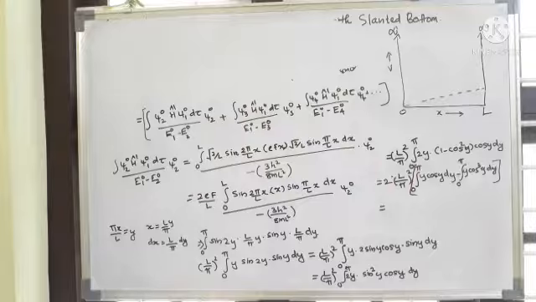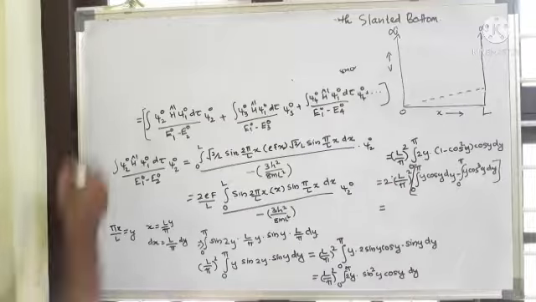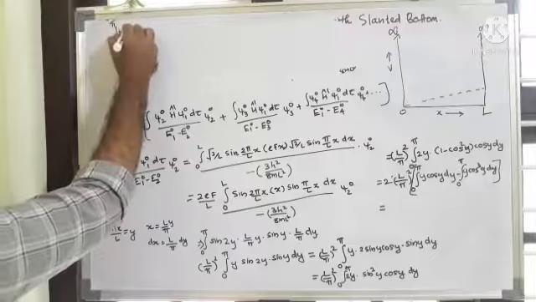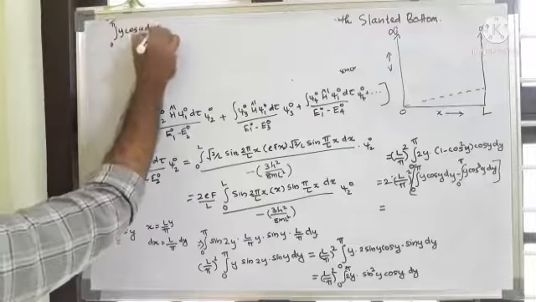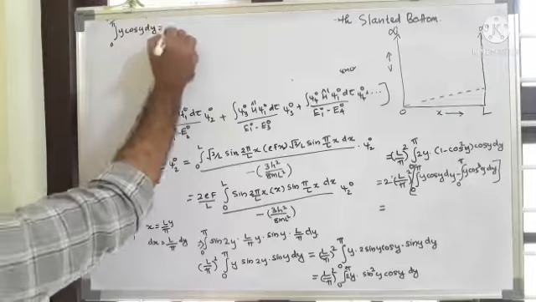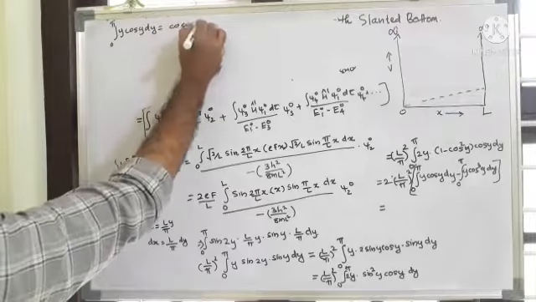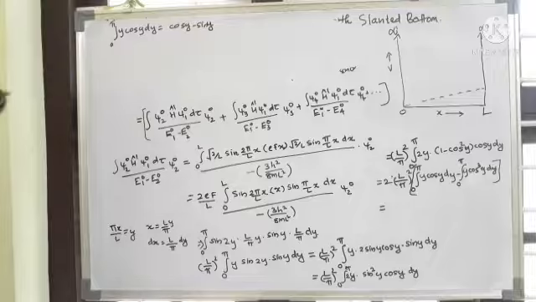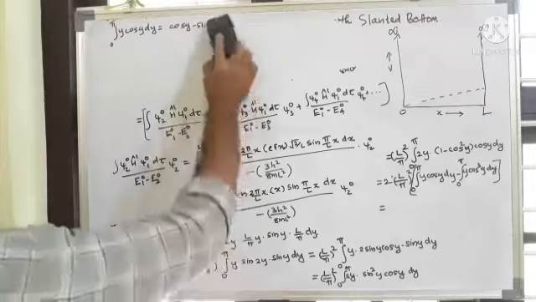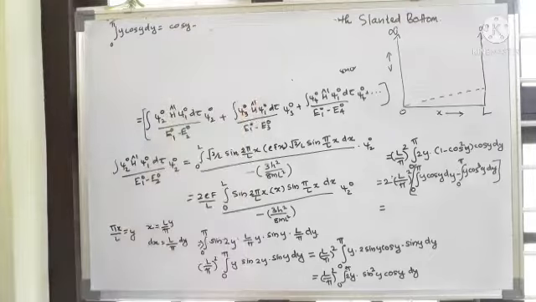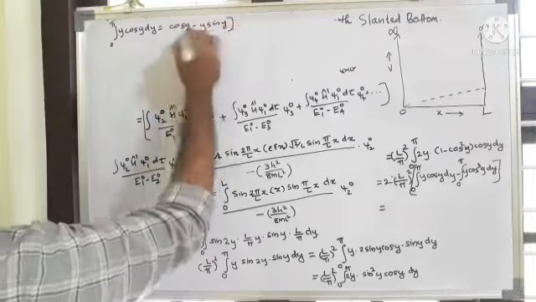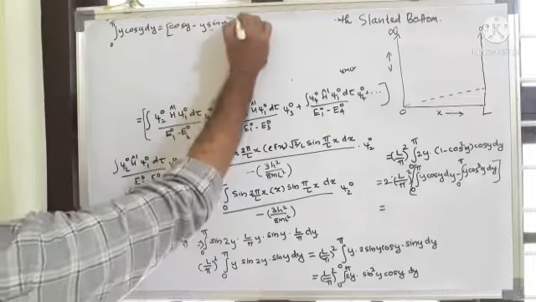Then from the table of integrals, integral 0 to pi y cos y dy equals cos y plus y sin y, evaluated from 0 to pi.